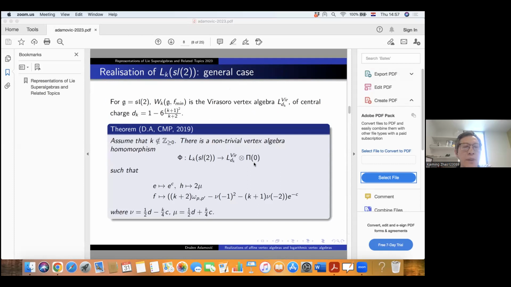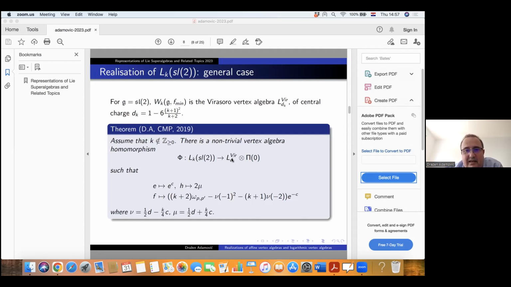And with this pi zero, we have Whittaker module, which also appeared in our paper in 2016.